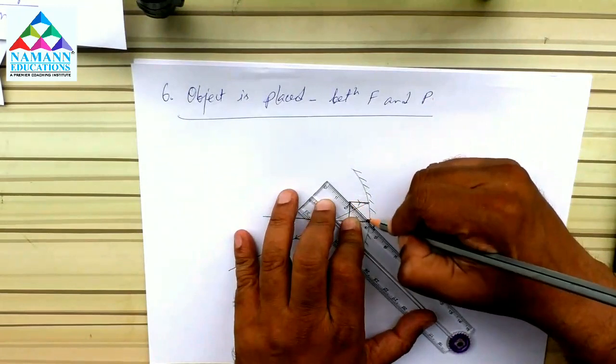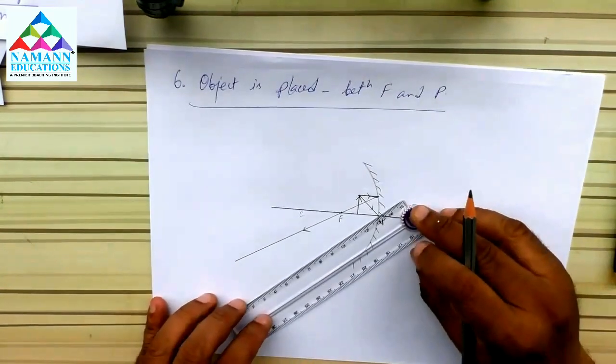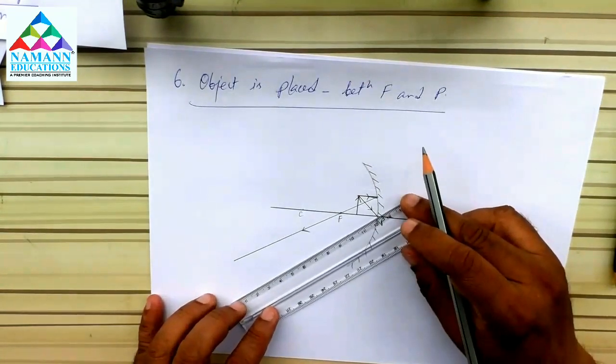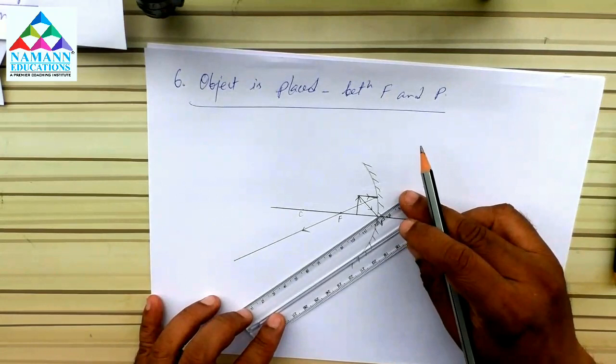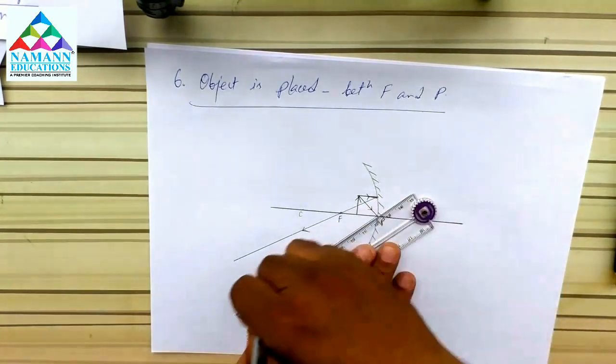This time we'll consider a ray of light incident at pole. And if a ray of light incident at pole, we know that the angle of incidence and angle of reflection are equal. So you will see that after reflection, the two reflected light rays should appear divergent in nature.